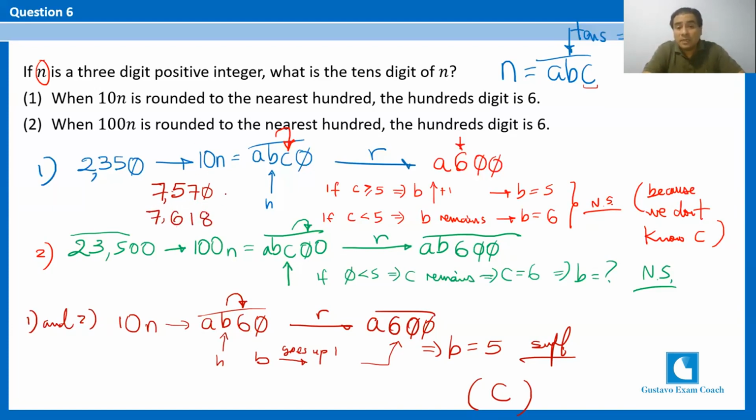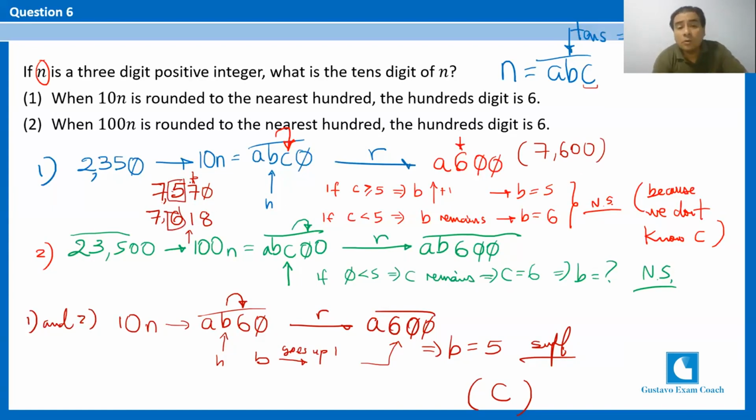Both would be rounded to a number such as 7,600. Both. Because here, because of the 7, 5 goes up 1. And here, because of the 1, 6 remains 6. So we have no way to know the original value of B.